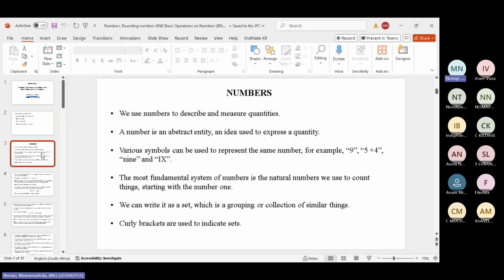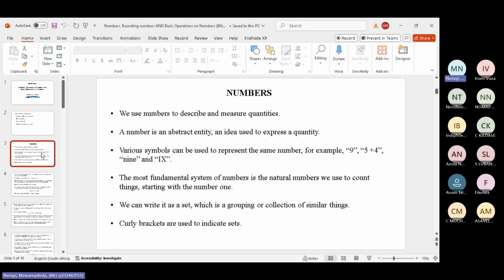What are numbers? We use numbers to describe and measure quantities. Numbers answer the questions: how much, how big, how many. A number is an abstract entity, an idea that is used to express a quantity.